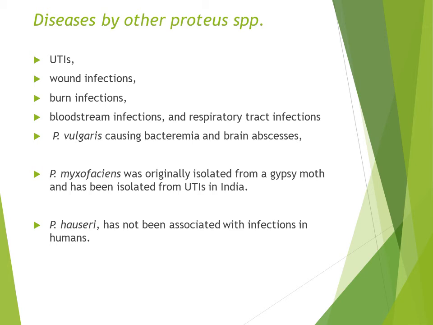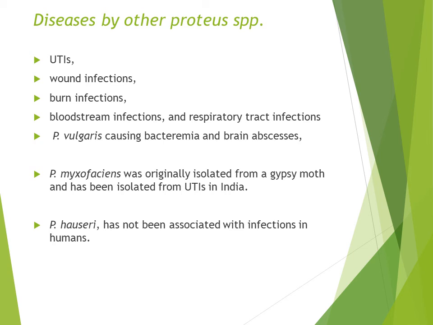Now this slide shows the diseases caused by other Proteus species. There are many diseases caused by this other group of Proteus. These are urinary tract infection, wound infection, burn infection, bloodstream infection, and respiratory tract infection.